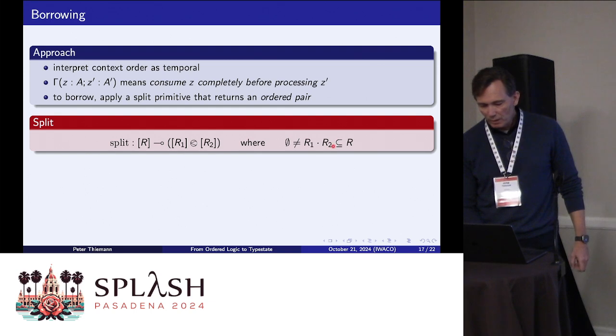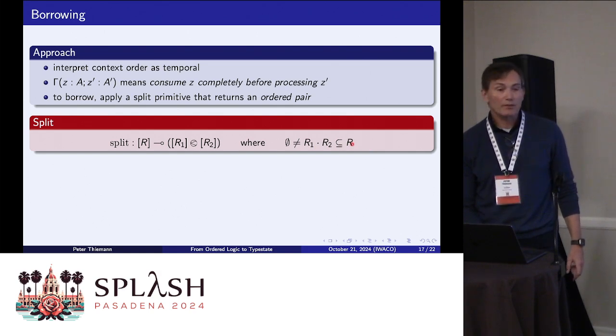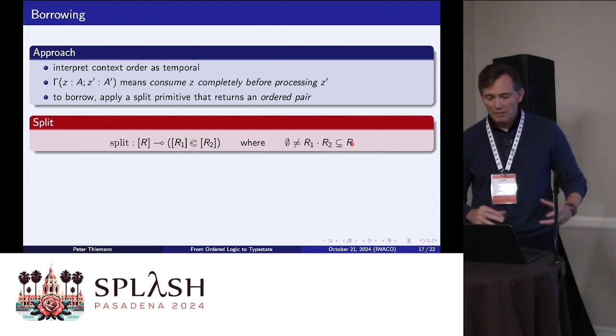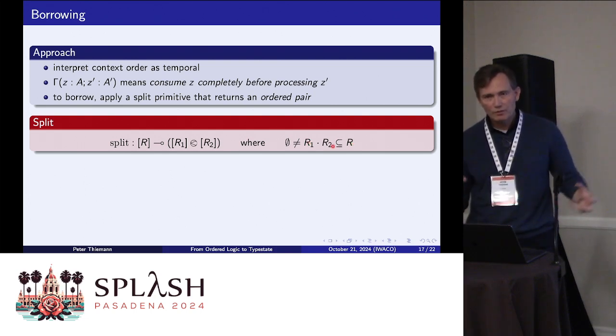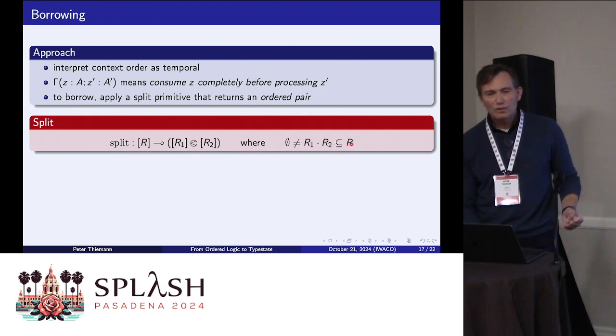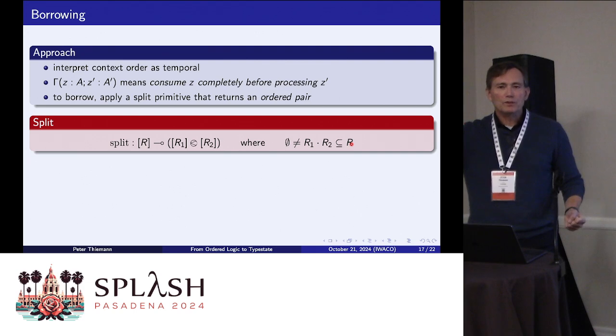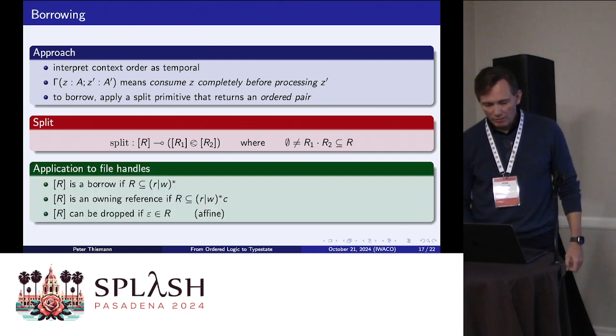And then the rest will be some R2, such that the concatenation of the two is a subset of R, which means that if you call this the borrow and that the leftover, after you put them back together, then you're still adhering to the overall protocol of the initial resource.